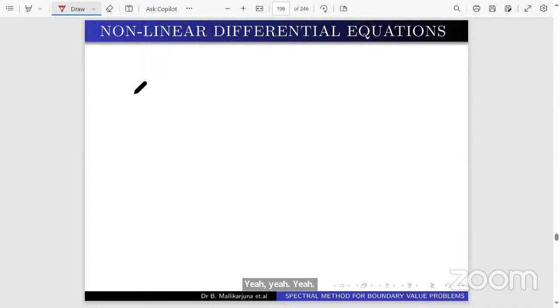Now, the nonlinear differential equations: how do we handle these nonlinear differential equations? Till now we came to know about finding linear ODE or PDE solutions using the spectral method. But for nonlinear differential equations, whether ODE or PDE, how do we handle this?